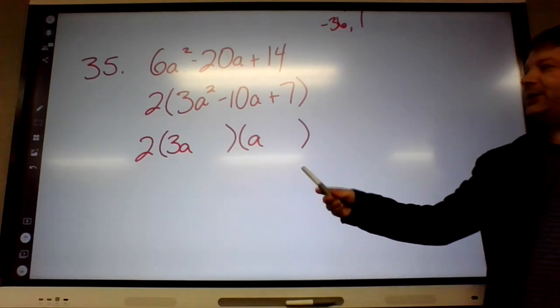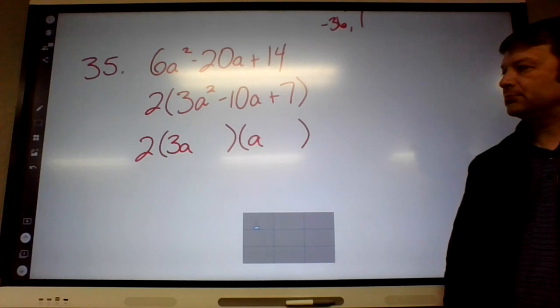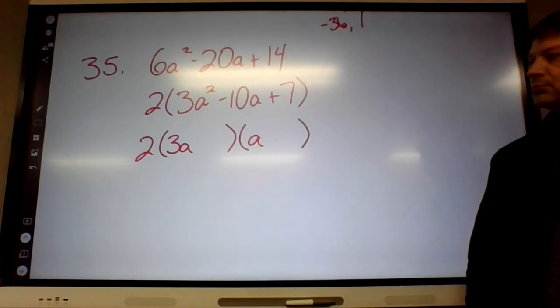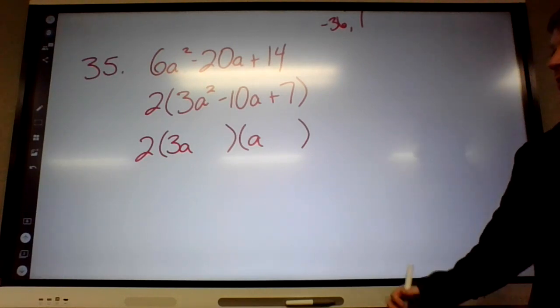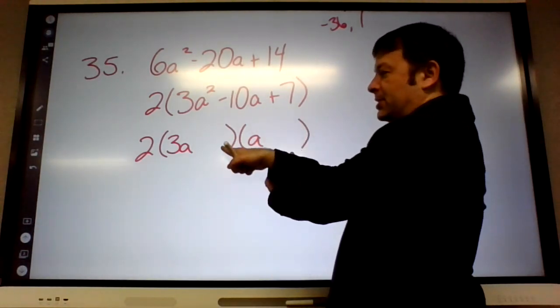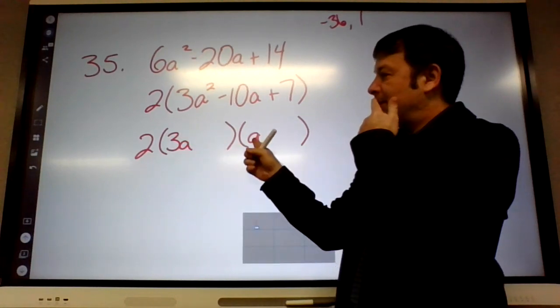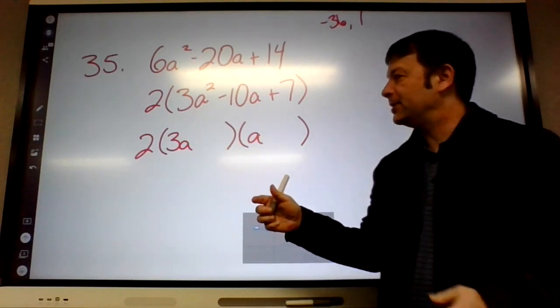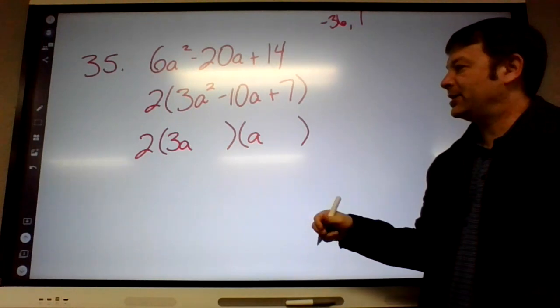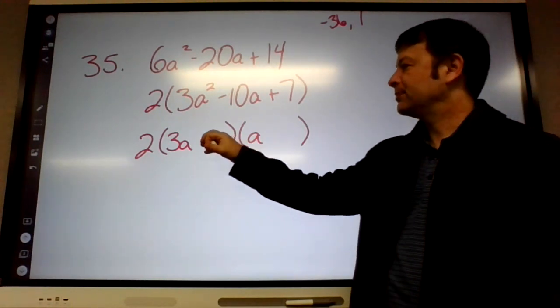And then for the back, it's what multiplies into 7. 7 and 1, or 1 and 7. Because now that we have numbers up here in front, the order does matter. So we just have to try and see. You said 7 and 1?